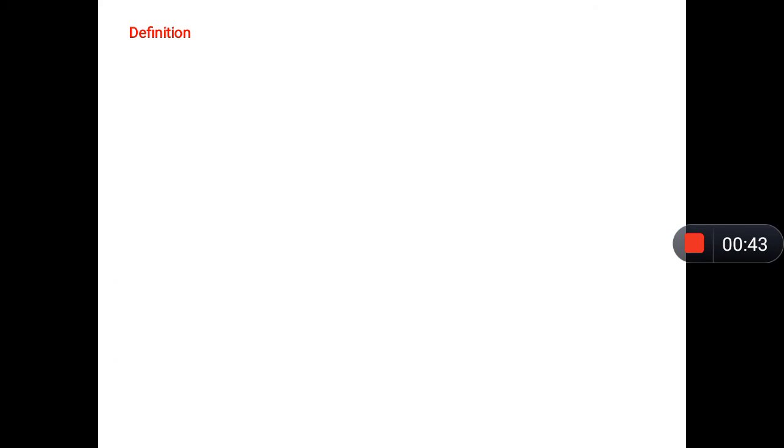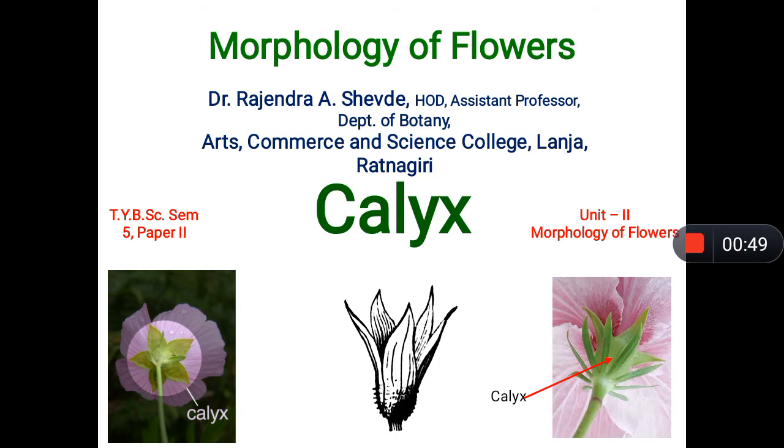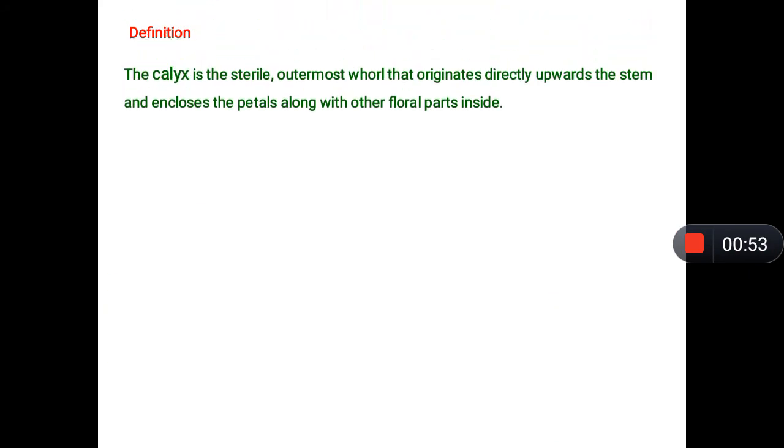What is the definition of calyx? Calyx is the sterile outermost whorl that originates directly upward the stem and encloses the petals along with other floral parts inside.